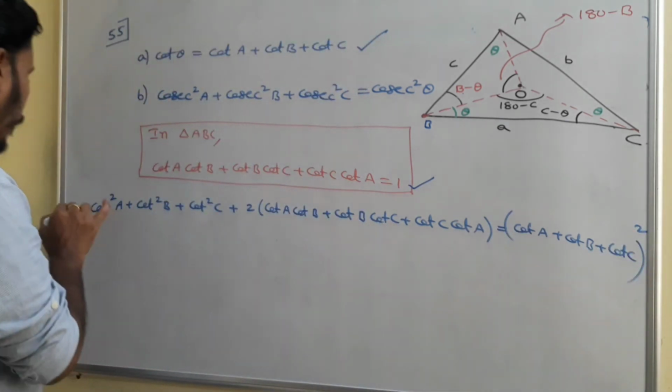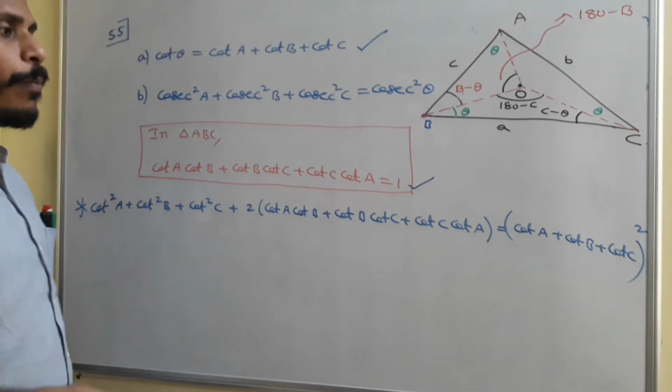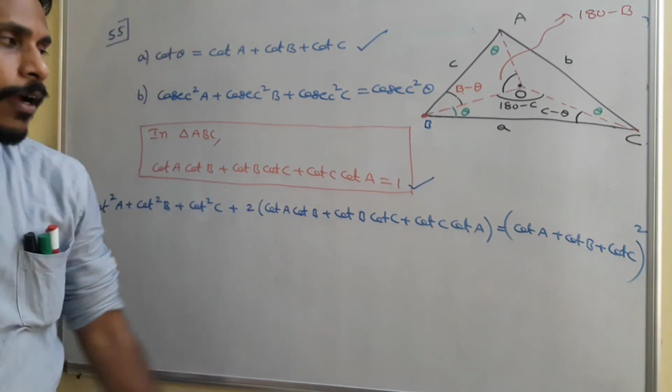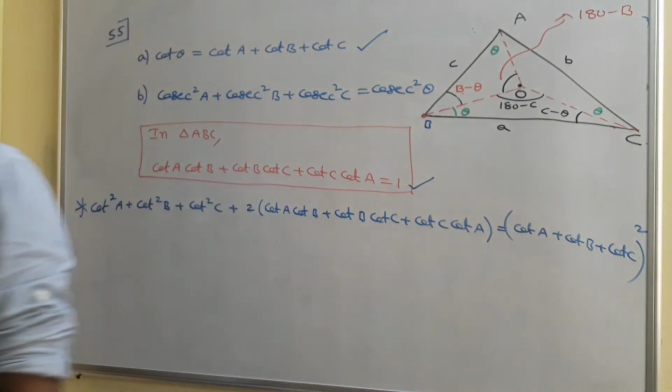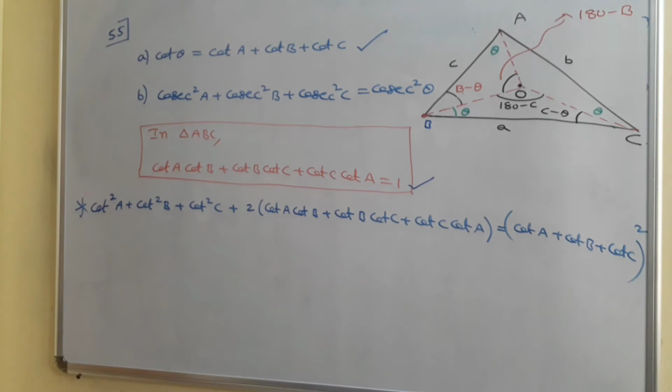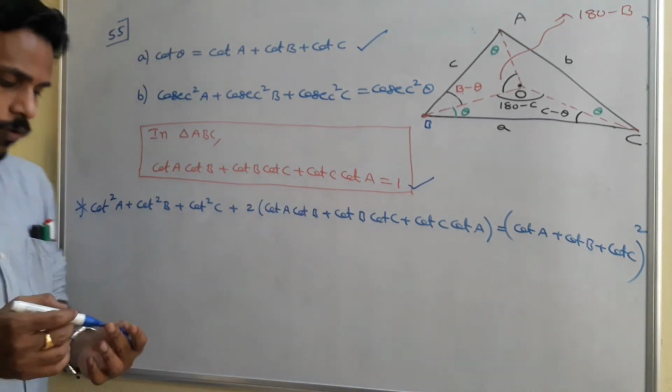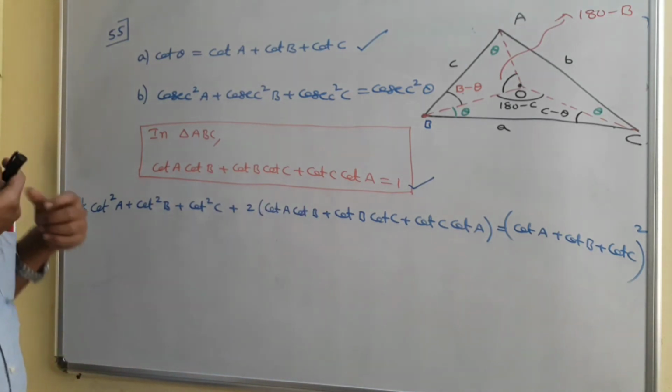Just observe it. This is another idea. Usually the (A plus B plus C) whole square formula: (cot A plus cot B plus cot C) whole square is equal to cot square A plus cot square B plus cot square C plus 2 times (cot A cot B plus cot B cot C plus cot C cot A), which is nothing but the (A plus B plus C) whole square formula. In that formula we need to replace everything.